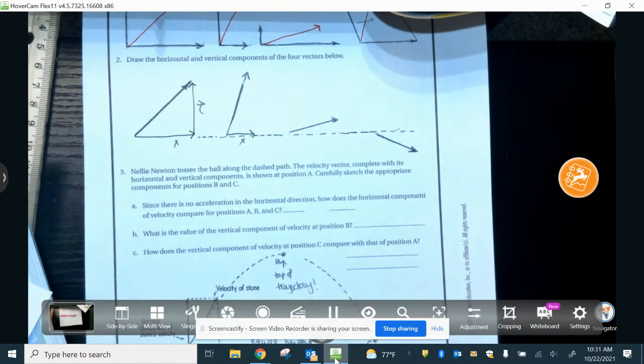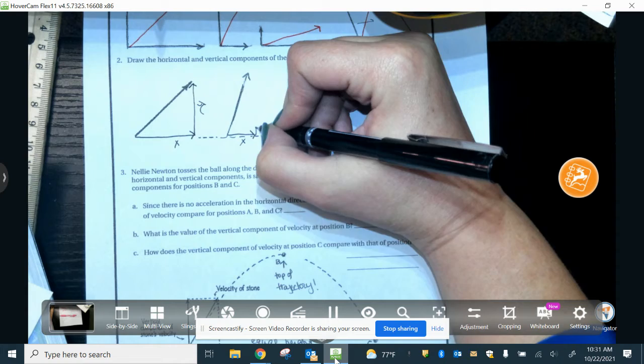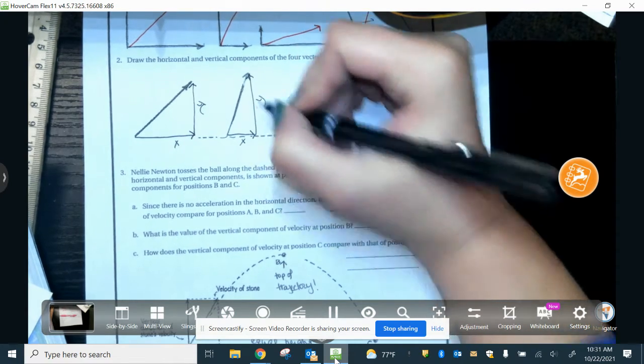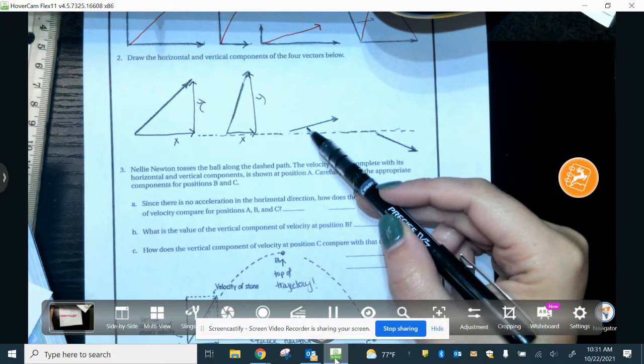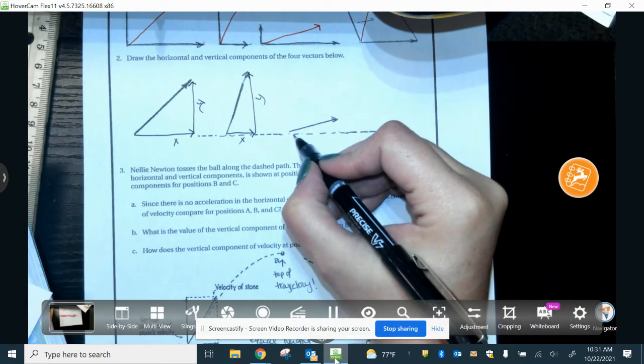This one's going to have an x component going that way and a y component going up. So again, this is you threw a ball in the air at whatever this degree is to the horizon.